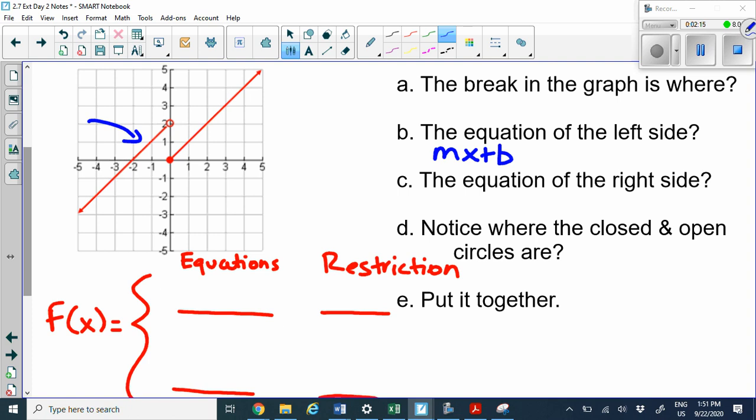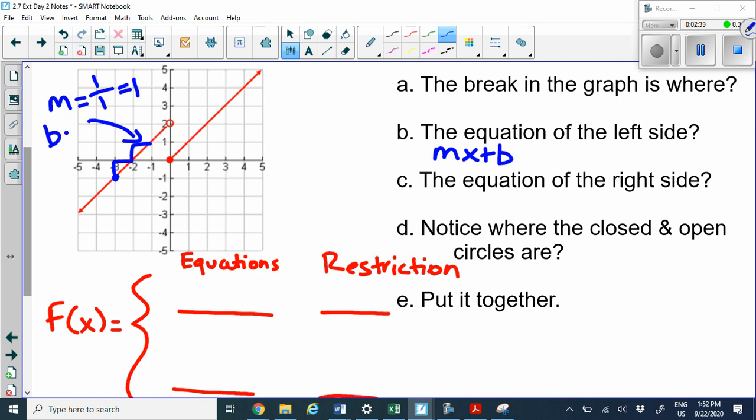So slope, let's talk about that first. Remember, to find slope, pick a point that is on the line, and then you go to the next point. Let's say I start here, I go up 1, and then to the right 1. Since I went up 1, that's positive, and then I went to the right 1, that's positive. So my slope is just 1.